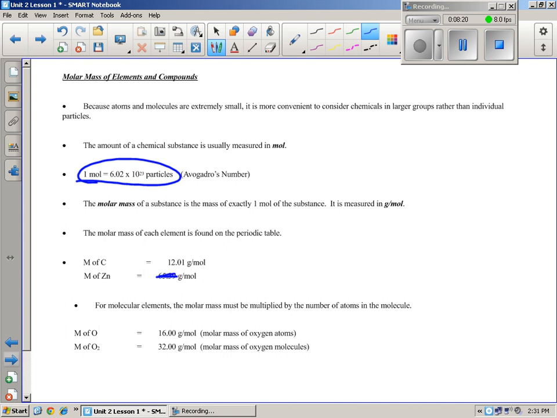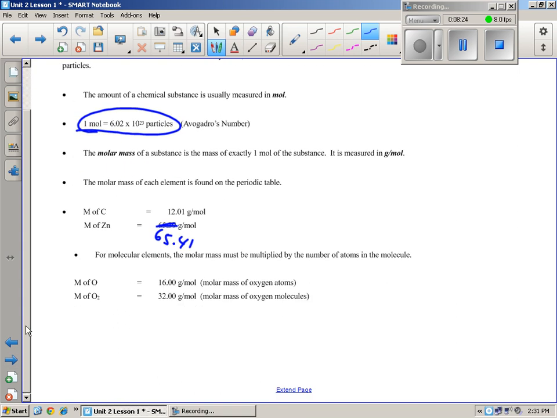And I told you that that number there is actually wrong. It's 65.41 for zinc. So if you look on your periodic table, of course, you can just look these up, right? Carbon is 12.01. Zinc is 65.41 grams per mole. So if you had 6.02 times 10 to the 23 zinc atoms, you put them on a scale, it would weigh 65.41. That's what the scale would say, 65.41 grams.